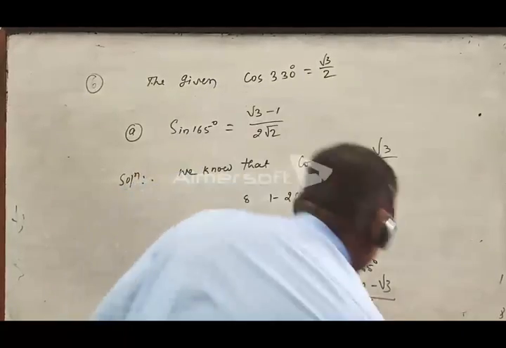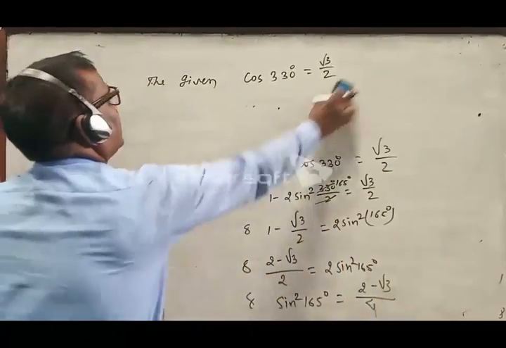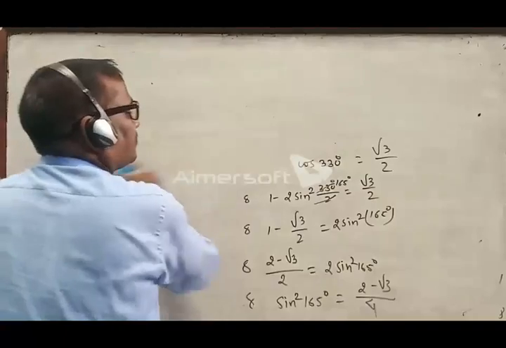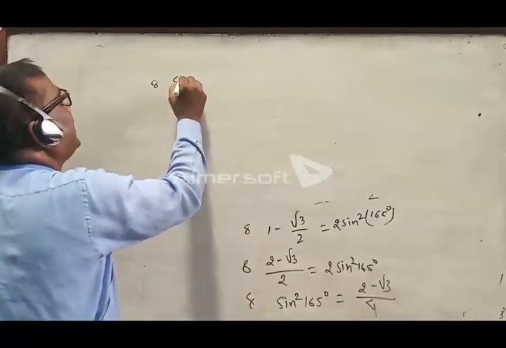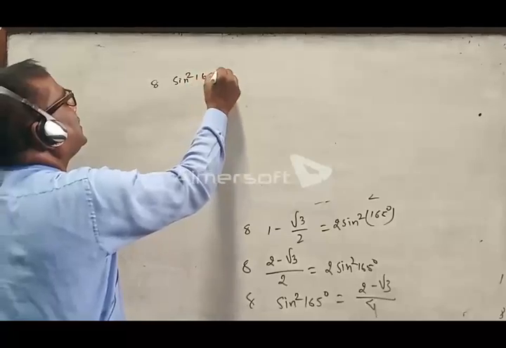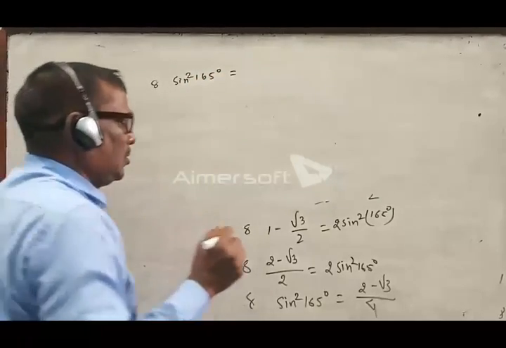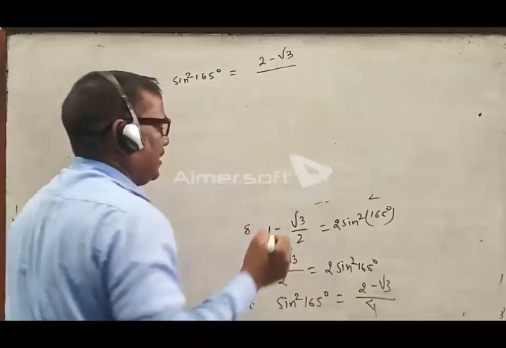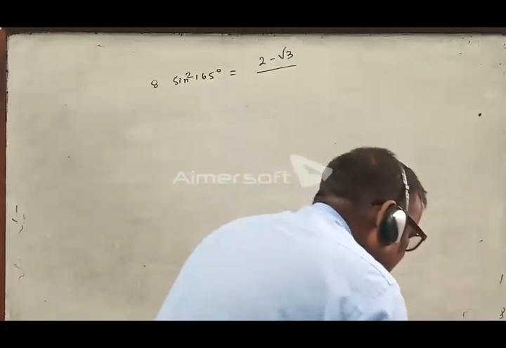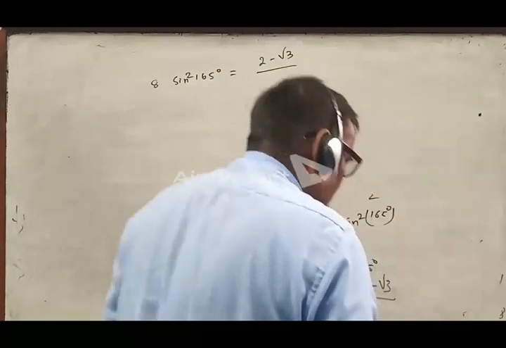With the help of this, we have to prove that sin 165 degree is root 3 minus 1 by 2 root 2.